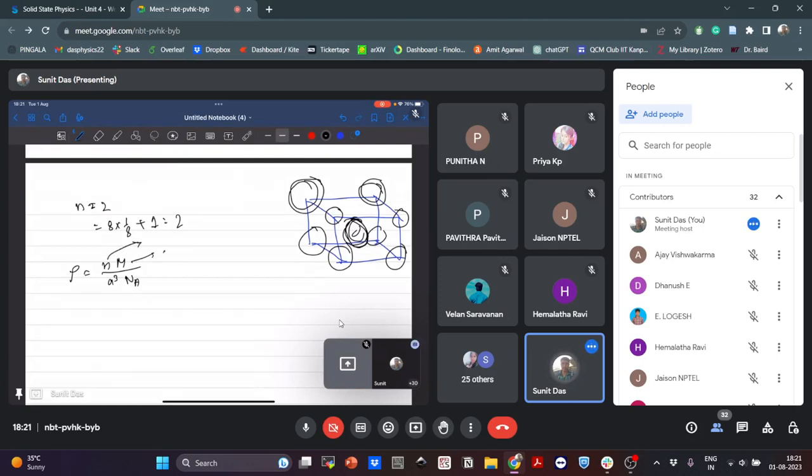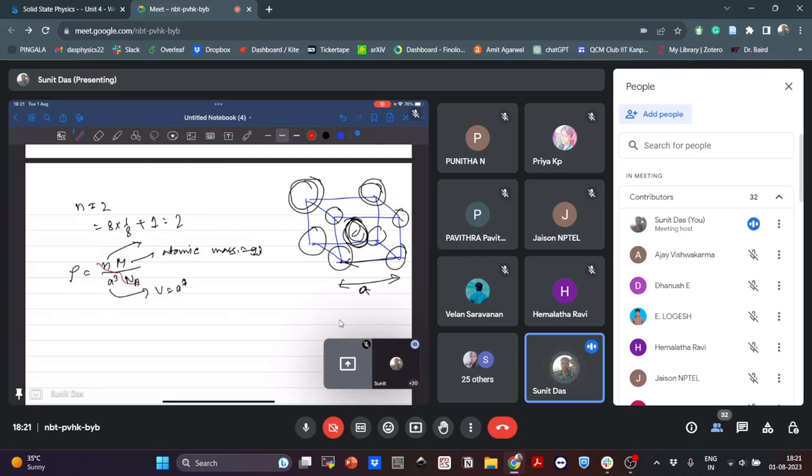M is the atomic mass, which in our case is 93, and A is the side of a unit cell. This is A. Since it is cubic, the volume will be V equal to A cube.